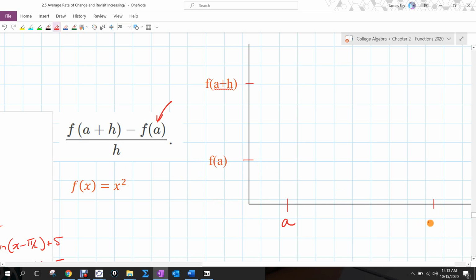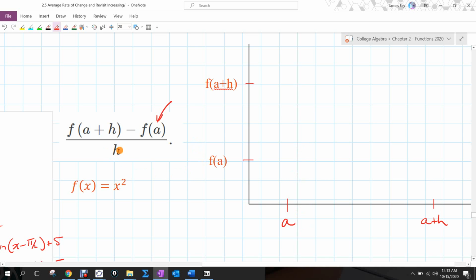A plus h is another input value. And all that means, if I have a and then I have a plus h, well, if a was like 3, then a plus h would be 3 plus something, so it's going to move it to the right. So a plus h is going to be to the right of a, graphically here.